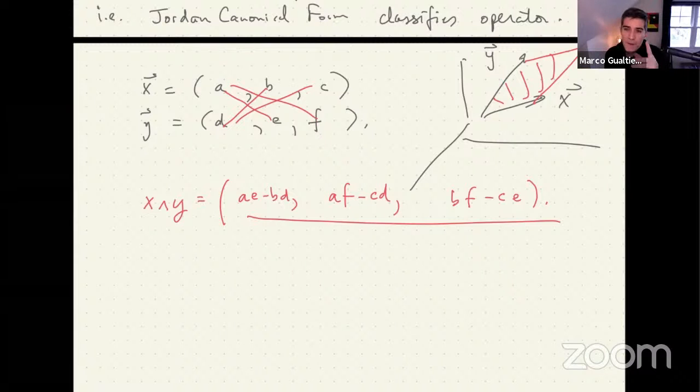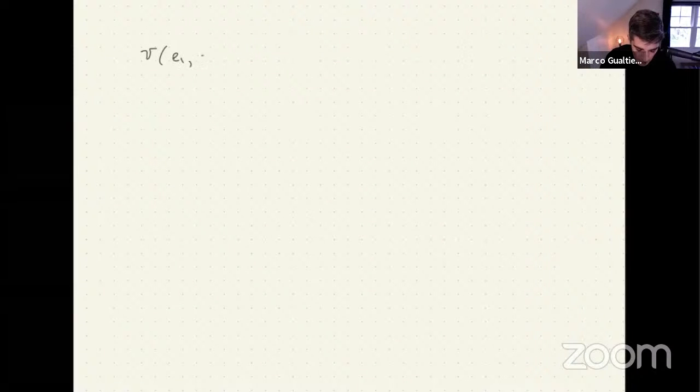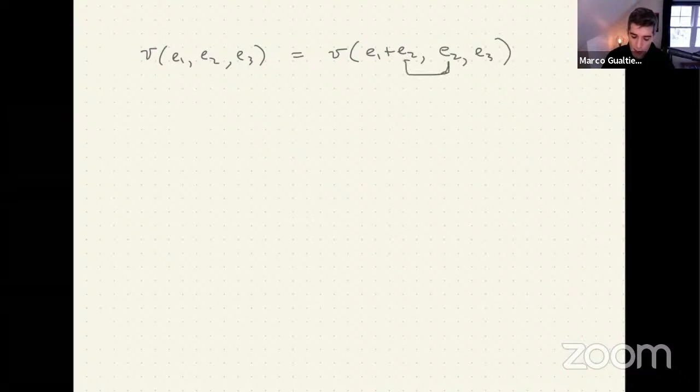But actually, if I add one of these vectors to one of the other ones, for example, if I take the volume of E1, E2, E3, this is going to be the same as E1 plus E2, E2, E3. Because this is a repetition and it doesn't add anything to this expression.